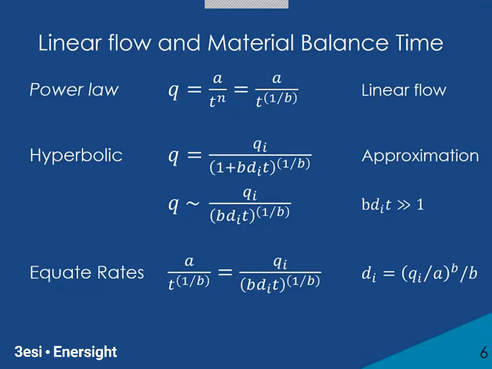So we solve for the coefficient, the decline factor, in terms of the other coefficients that we have in our equations. And now we've reduced the hyperbolic equation to two parameters, and we can get a straight line now with our modified hyperbolic equation. So it's more than just saying a hyperbolic equation with a b value of 2 is linear flow. It's not. You also have to make the adjustment on the decline factor.